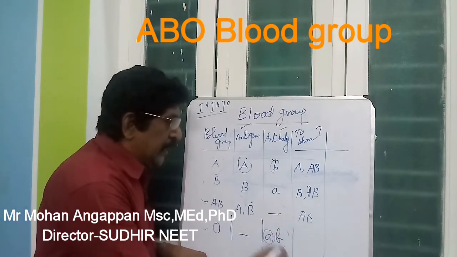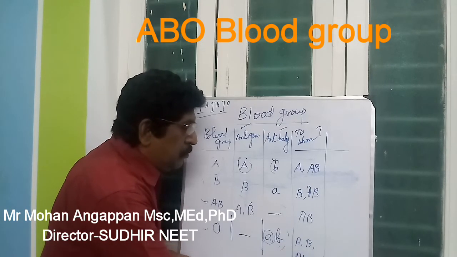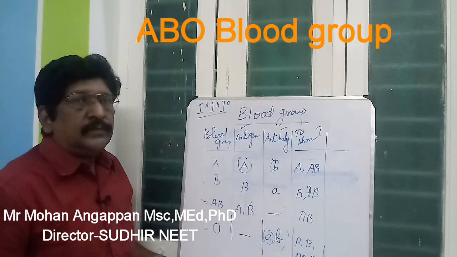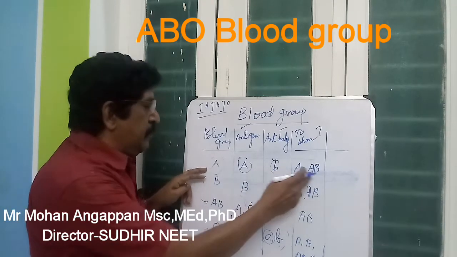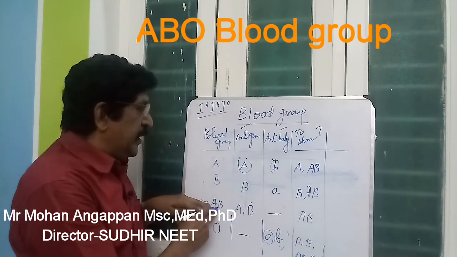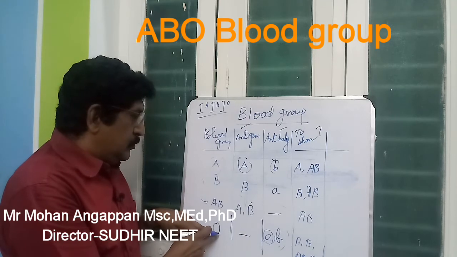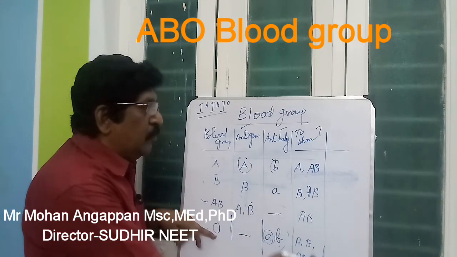So O group can donate blood to A group, B group, AB group and O group. So A can donate blood to A and AB, B can donate blood to B and AB, AB to donate only to AB, O can donate blood to all, A, B, AB and O.